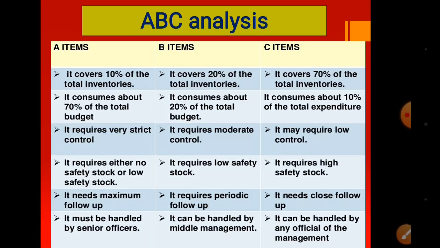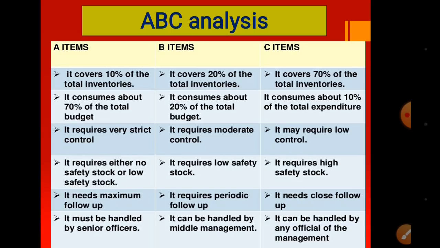In case of A item, it consumes about 70% of the total budget. B items consume about 20% of the total budget, and C item consumes about 10% of the total expenditure.